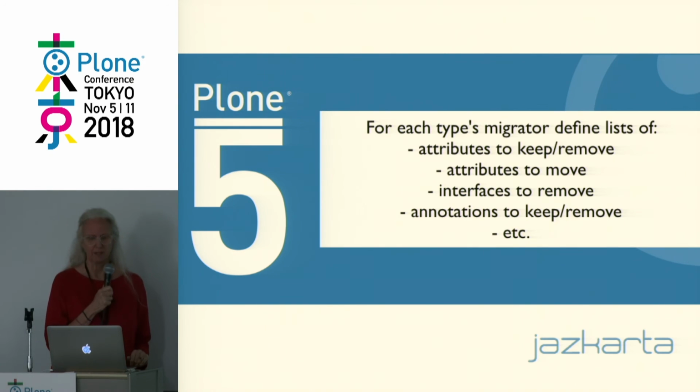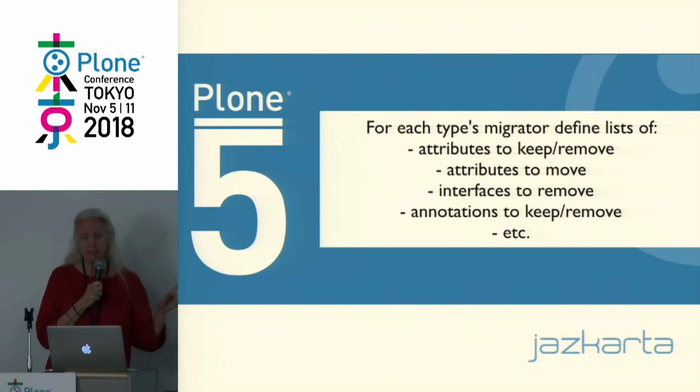The implementation of each content type's migrator consists of defining lists of attributes you want to keep, attributes you want to remove, attributes you want to move to a different name or something like that, interfaces to remove, annotations to remove or keep, etc. This is the etc. David told me this, and that's about all I know.